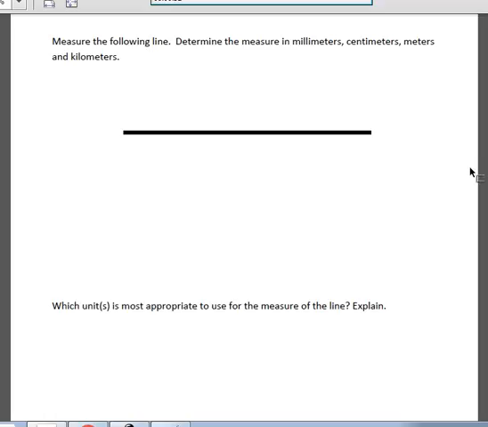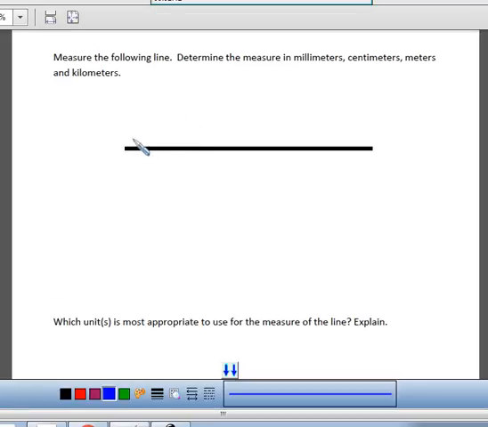So I think what we'll do is we'll pick a nice number that's kind of in between. This is close enough for us to use this number. It is 11 centimeters. So I've measured it in centimeters and I got 11.